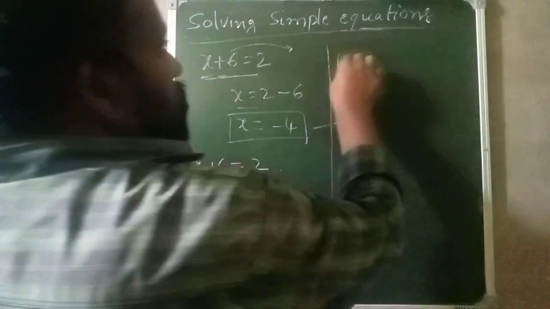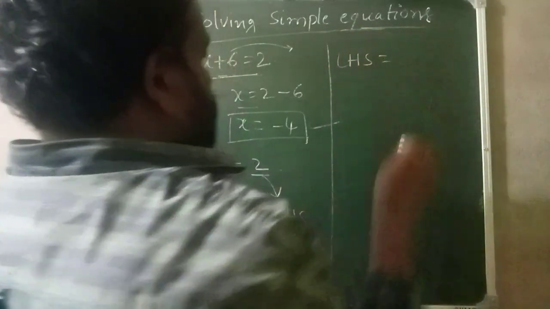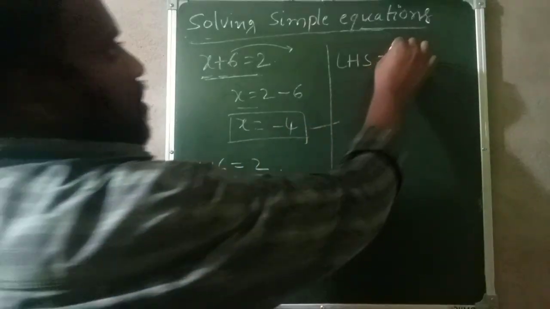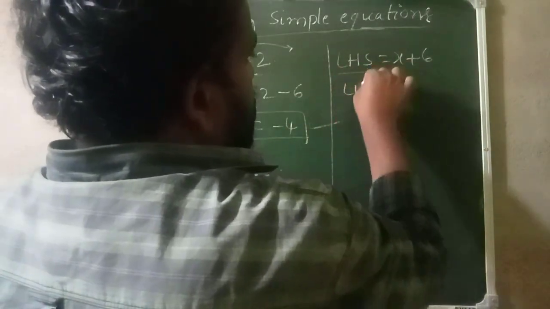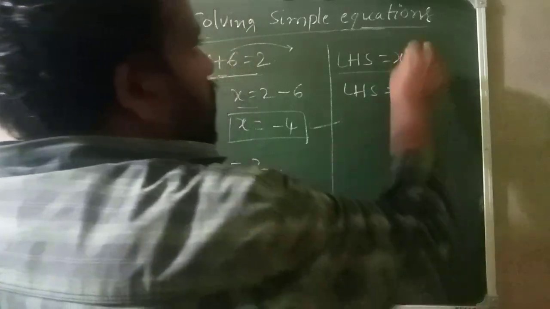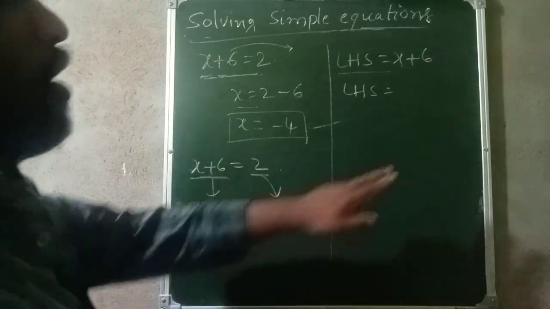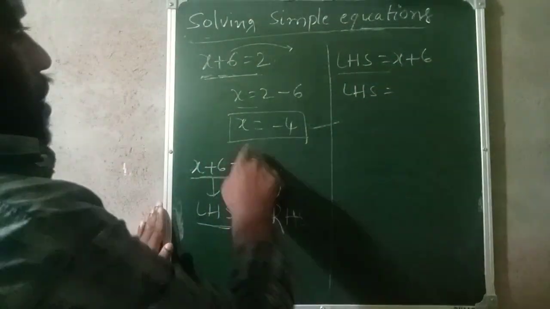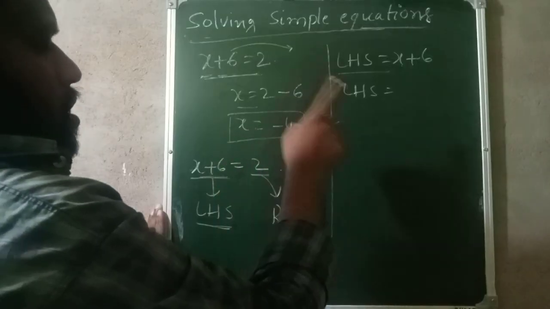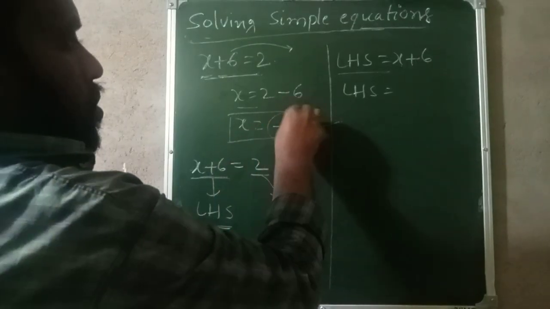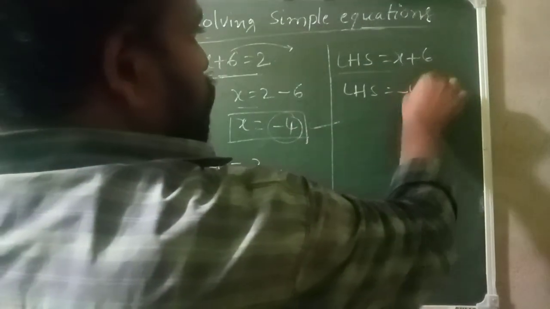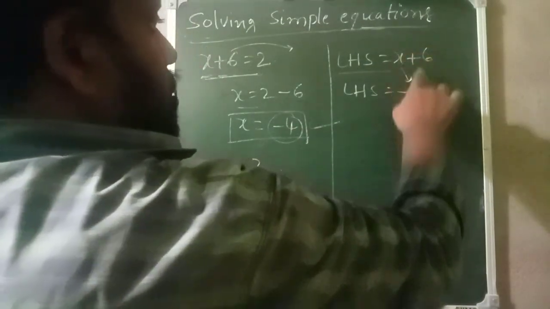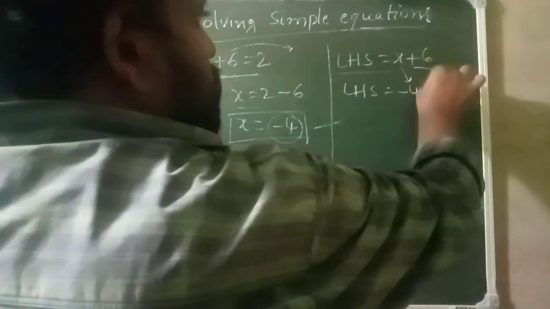So take LHS. LHS is equal to this entire thing, that is x plus 6. In the next step, write this LHS is equal to, so substitute a value for x. We got x is equal to minus 4, that means the value of x is minus 4. So in place of x I will write this minus 4, plus 6.